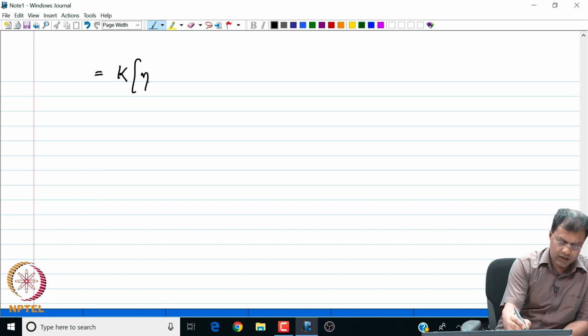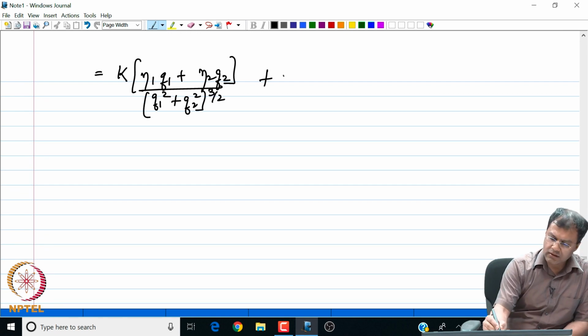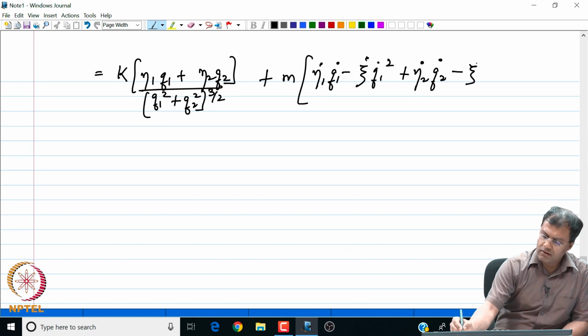This is quite long: eta 1 q1 plus eta 2 q2 divided by (q1 square plus q2 square) to the power 3 by 2, plus m times [(eta 1 dot q1 dot minus xi dot q1 dot square) plus (eta 2 dot q2 dot minus xi dot q2 dot square)].